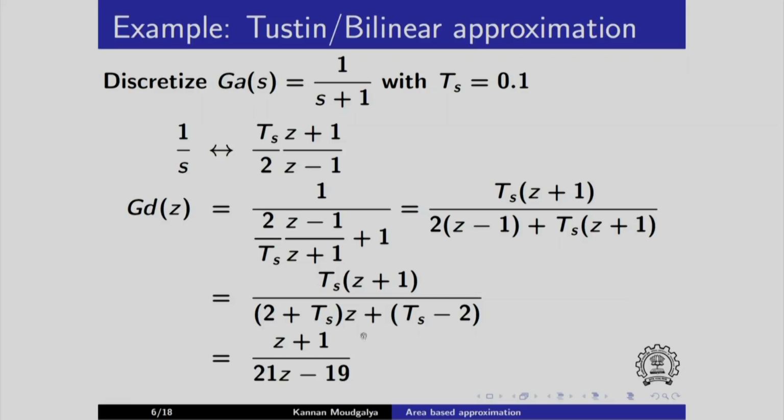Let us see how we get this expression from here. Bring this Ts to the denominator, this will be 2.1 by 0.1, so it is 21, this will be minus 1.9 by 0.1 and hence minus 19. That is how we get this.